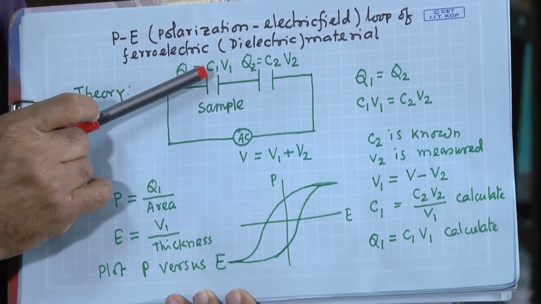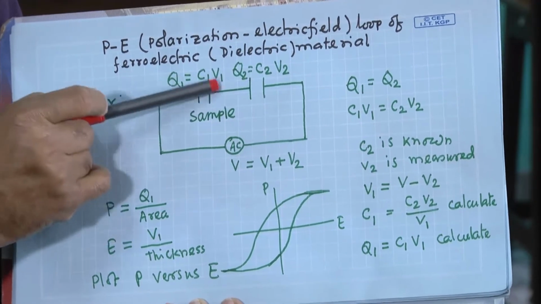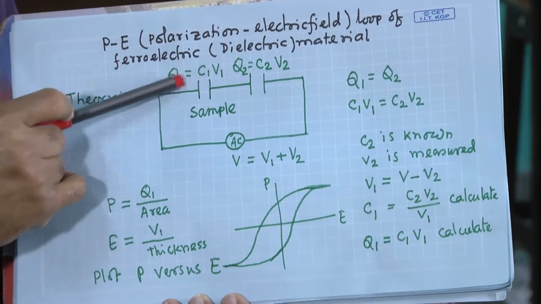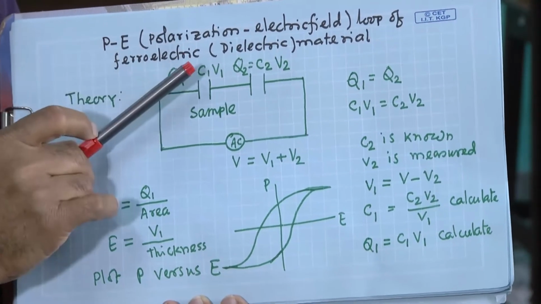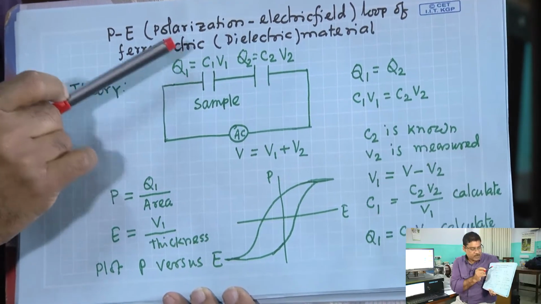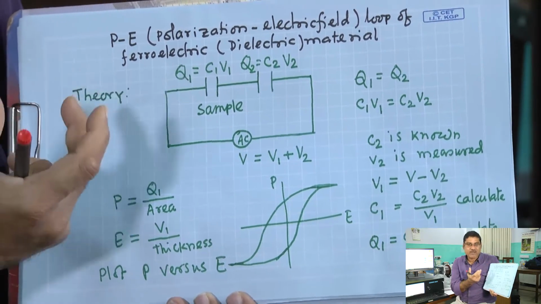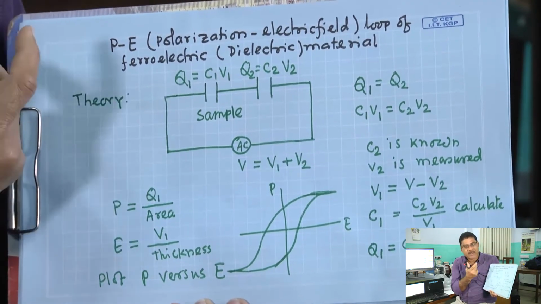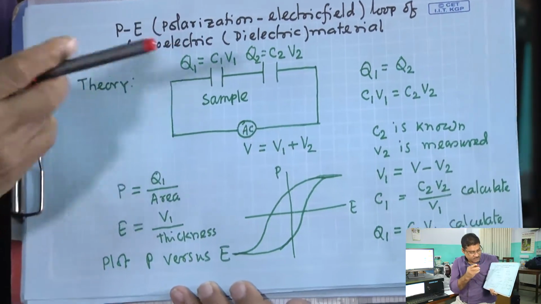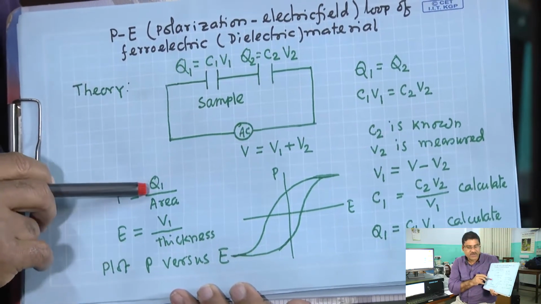Now, the charge Q1 on the surface: one side will be positive charge, the other side negative charge. So, it will form an electric dipole. P can be electric dipole per unit volume, or per unit area. Here we take polarization equal to charge per unit area.